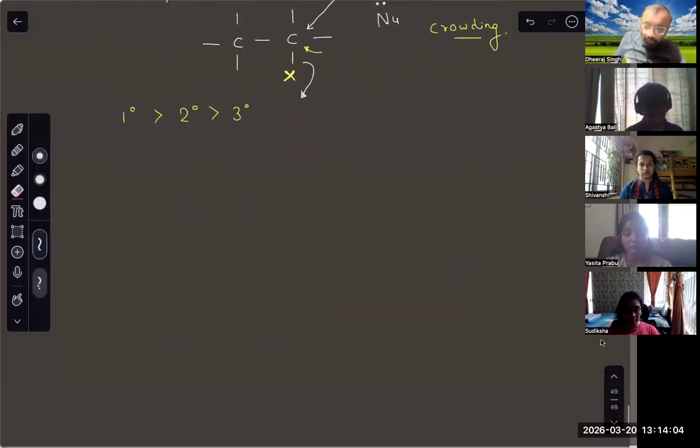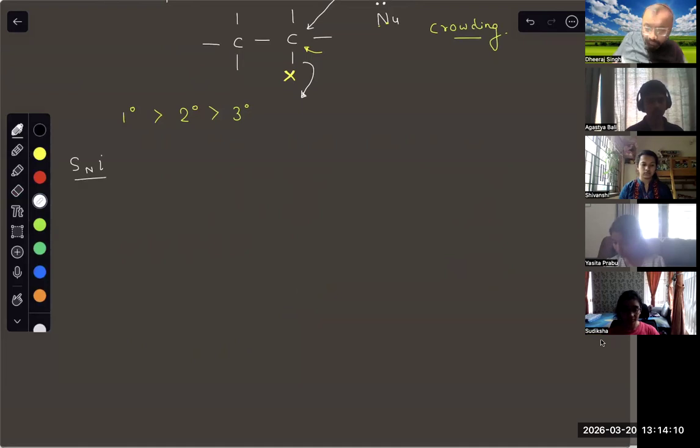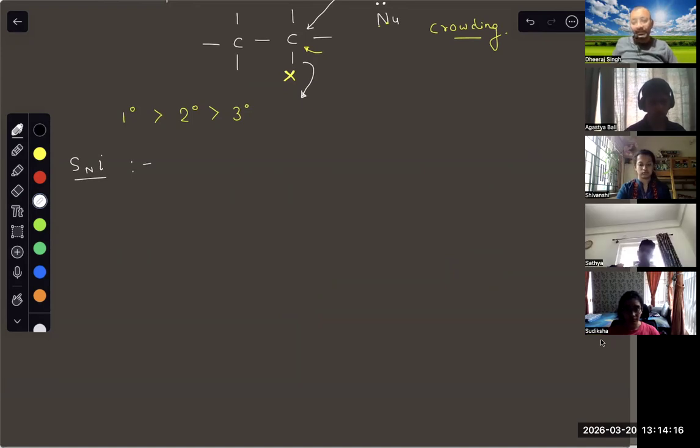Now, what we learned next was SNi. Remember SNi? What was that? Anyone? It is internal nucleophilic substitution in a way, but actually it's not. This is typically with SOCl2 or COCl2.